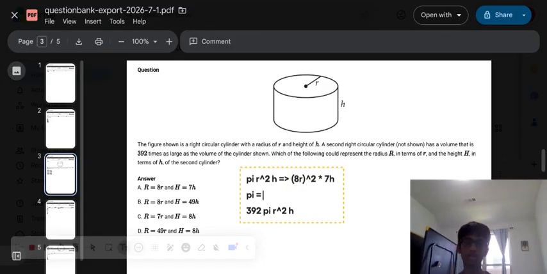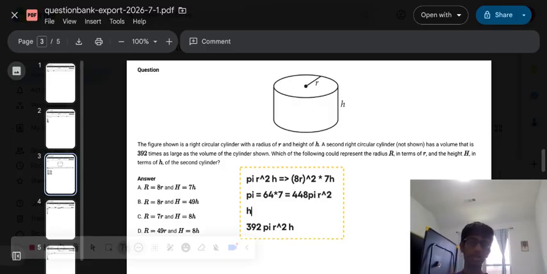And that would be equal to 64 times 7, which is equal to 448 pi r squared h.